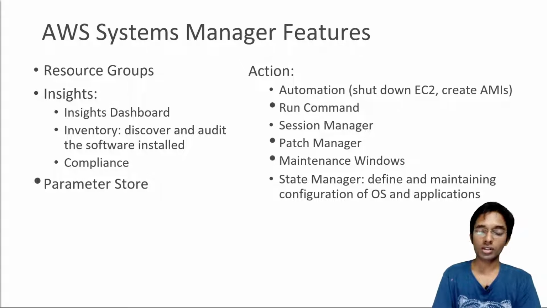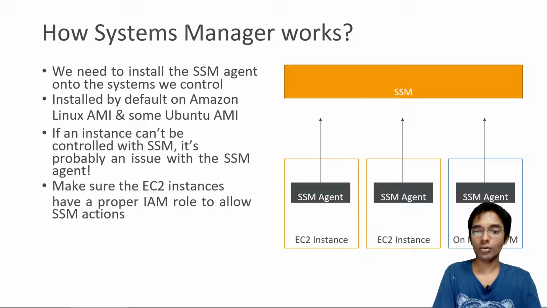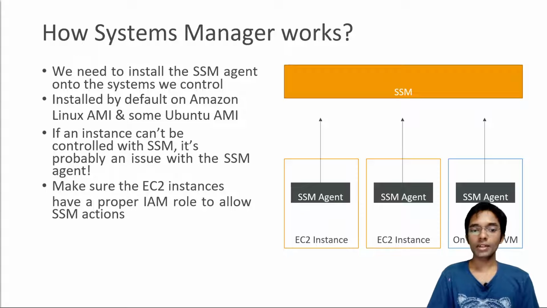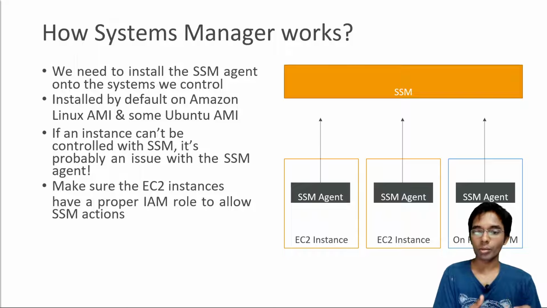So let's go ahead with, first of all, how Systems Manager actually works. You have the SSM service, and then you need to install the SSM agent onto the systems you want to control. This includes our on-premise instances and our EC2 instances, and it works by default if you are using an Amazon Linux AMI or some Ubuntu AMI.